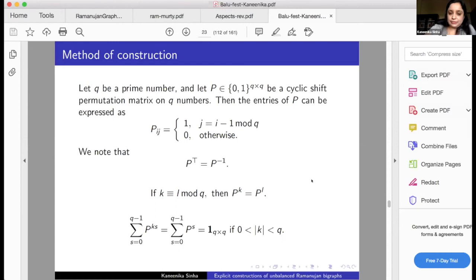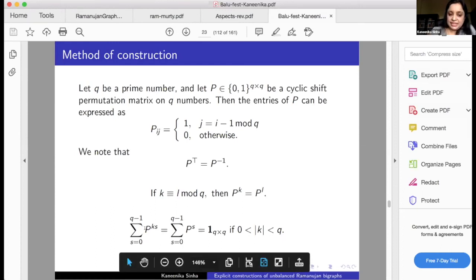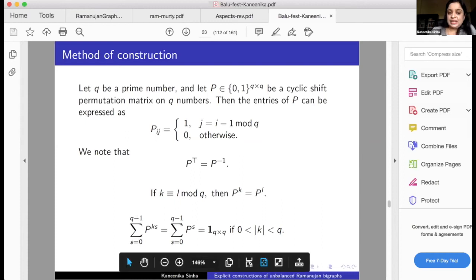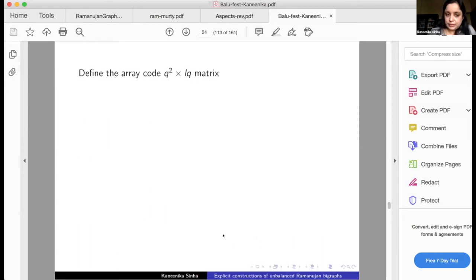And therefore, because of the previous equality, we immediately see that if we take P raised to the ks and sum from s going from 0 to Q minus 1, this turns out to be equal to the sum of P to the s as s runs from 0 to Q minus 1. And this turns out to be equal to that Q by Q matrix in which all entries are exactly equal to 1.